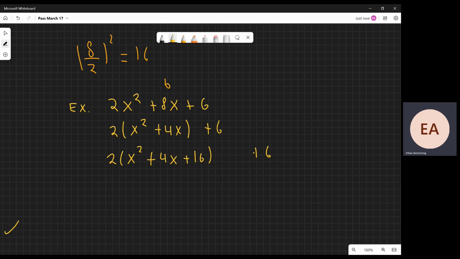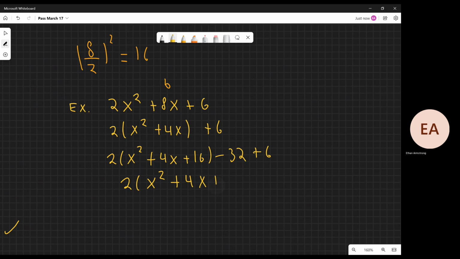So to cancel that out, we will subtract 4 times 2, so we'll subtract 8. We have minus 8 plus 6, which is negative 2.